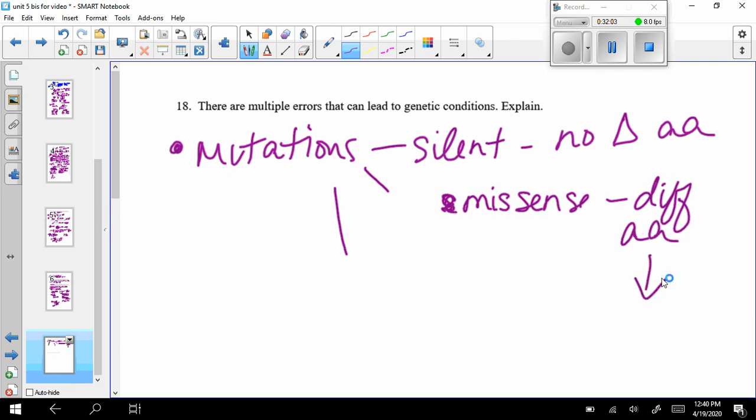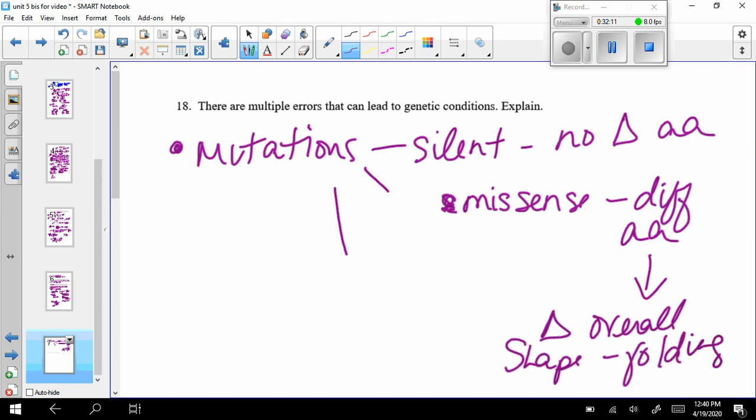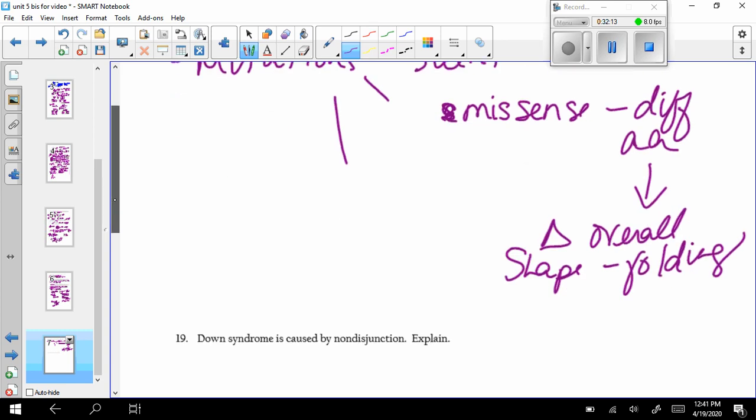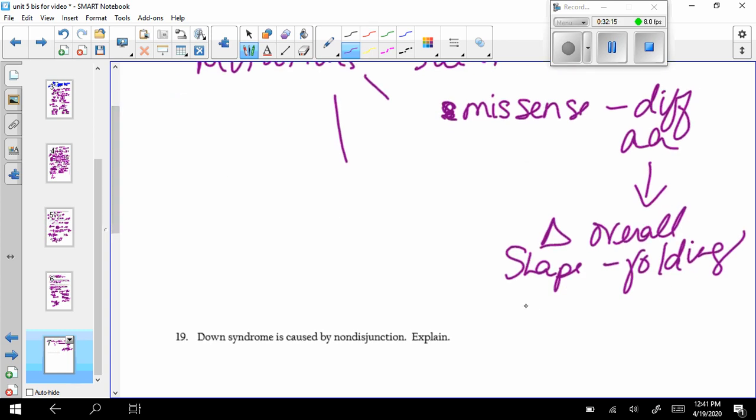If you code for a different amino acid, you can change the overall shape and the overall folding that occurs. And if you change the overall folding, this is a great example of what happens with sickle cell anemia.